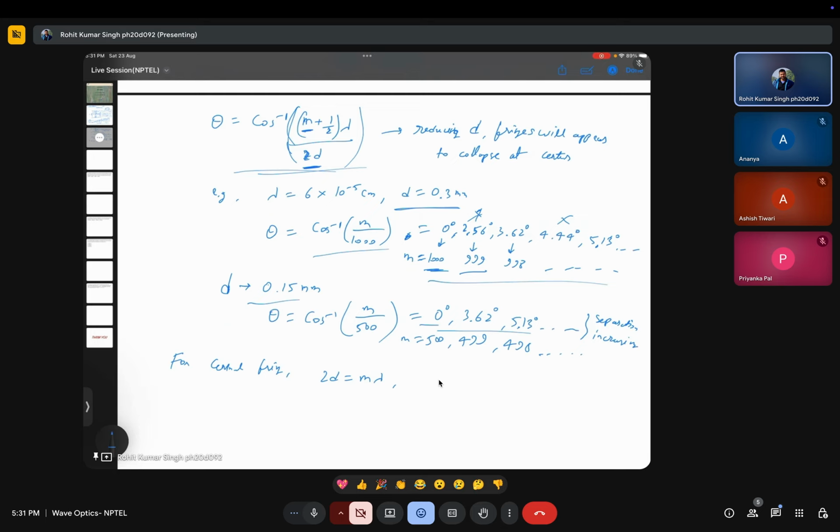Okay, and now when you change the distance, suppose you move m1 by a distance d naught, and n fringes collapsed, so then you get, so basically you get this, right?